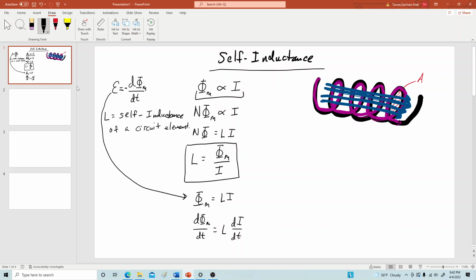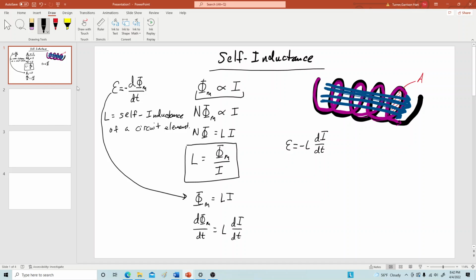So what we can do is insert this into Faraday's law, and we would say E is equal to negative L di dt. So another statement of Faraday's law would be that your induced potential is going to be equal to, in magnitude, the value of the inductance of the circuit multiplied by the time derivative of the current.